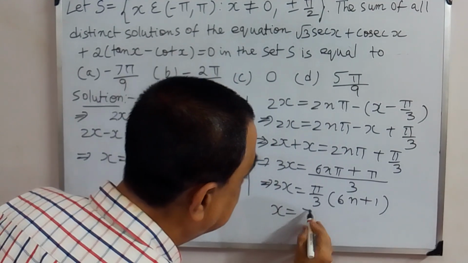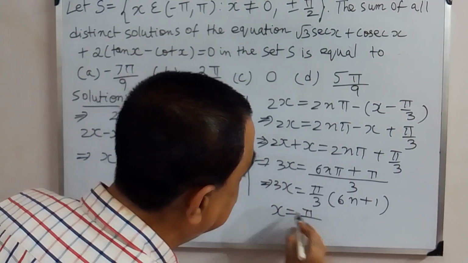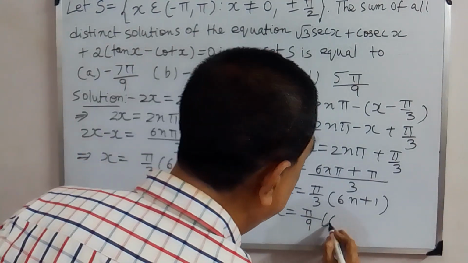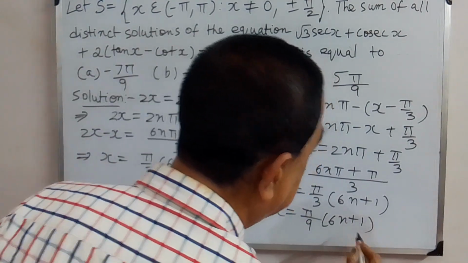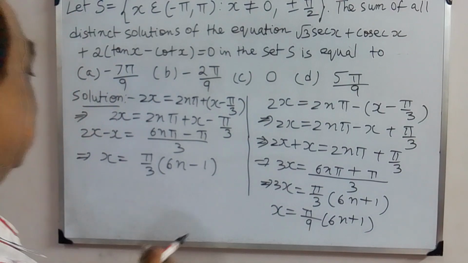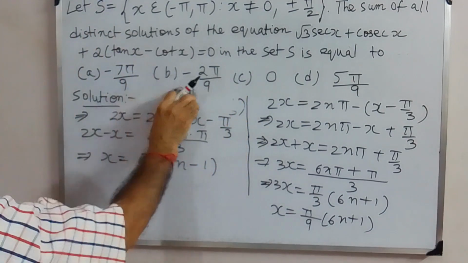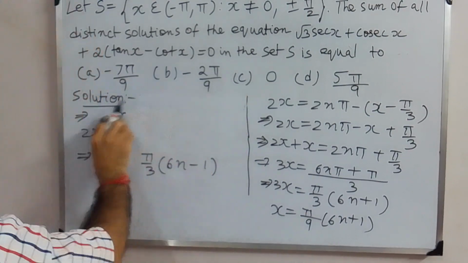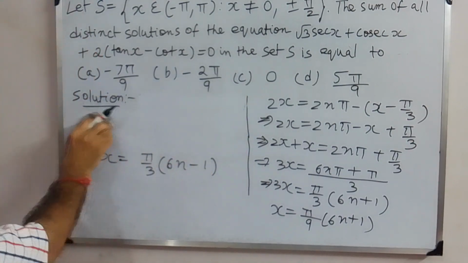So x will be, here 3 is multiplied, taking 3 this side, it will be divided. So pi by 9 into 6n plus 1. So I am writing these at the top. These are the two values of x in terms of n we have got.